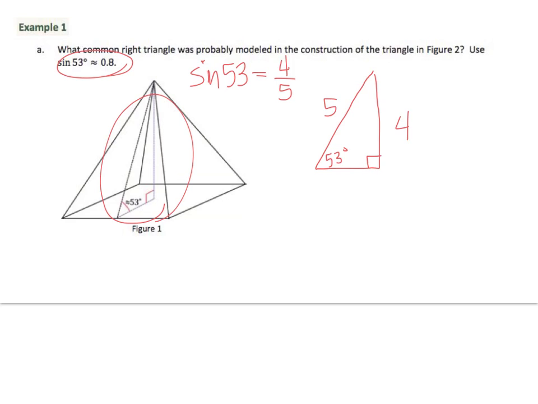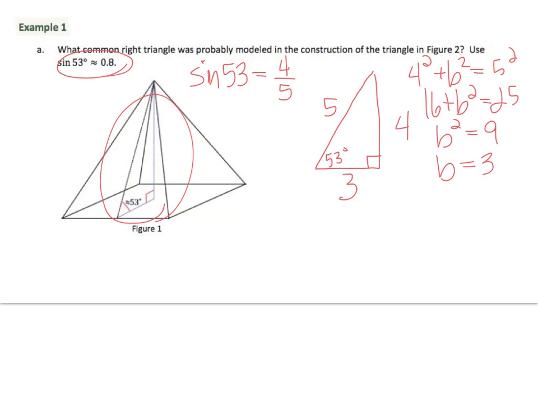Let's figure out that third side. So I have 4 squared plus b squared equals 5 squared. 16 plus b squared equals 25. B squared equals 9. B equals 3. So I have a 3, 4, 5 triangle.